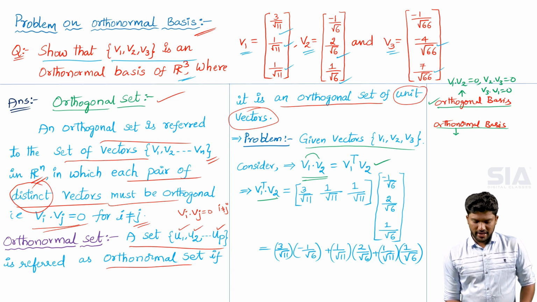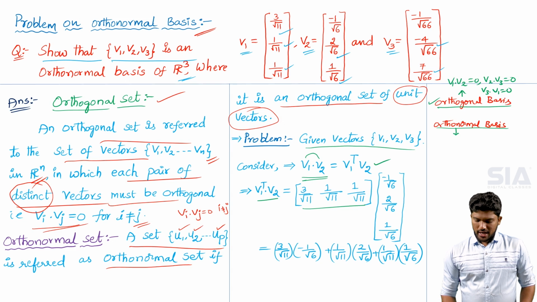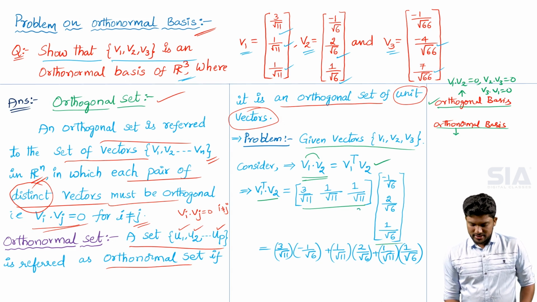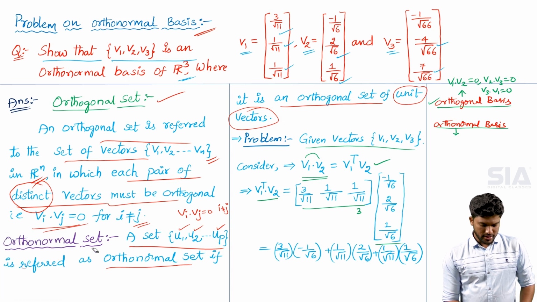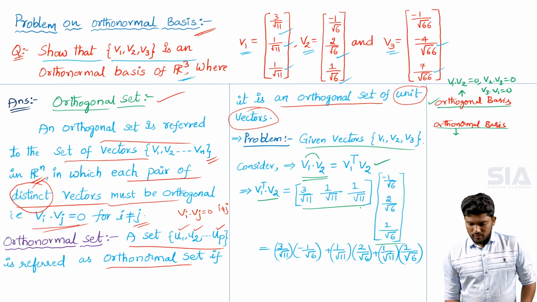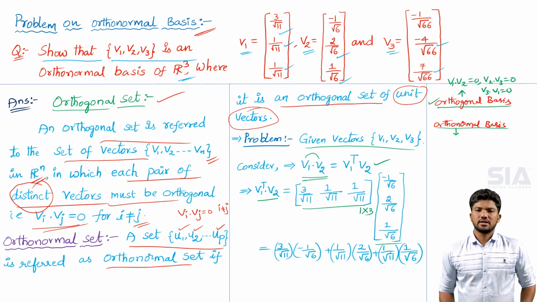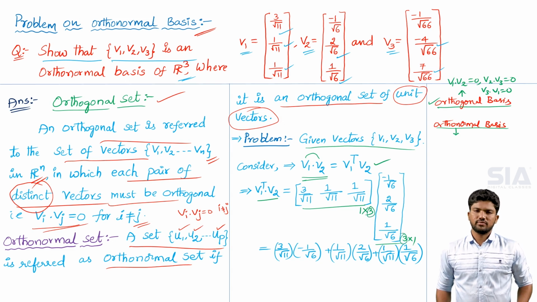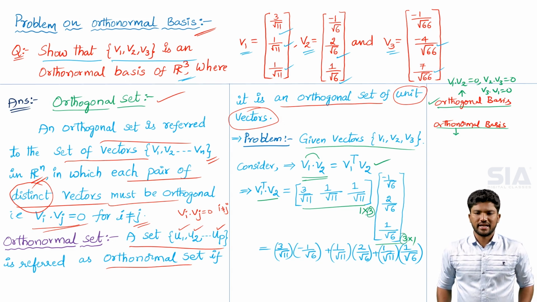This one is the row matrix and v2 is the column matrix. In the transpose matrix of v1 we have only one row and three columns. In the v2 vector we have three rows and one column. So here the number of columns is equal to the number of rows, therefore we can apply the multiplication of the matrices.